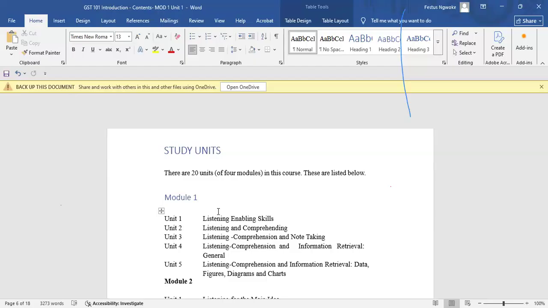So when we talk about listening, it's a situation where an audience, or somebody who is disposed before a speaker, pays attention to capture or comprehend what the speaker is saying.